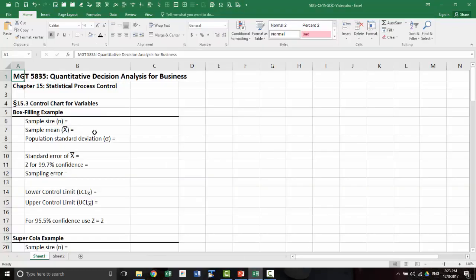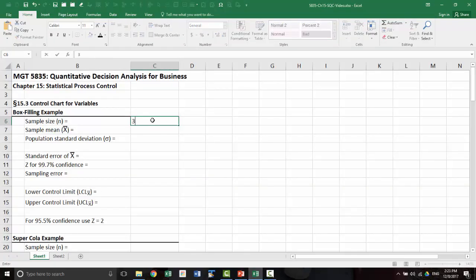Now the standard error of x bar, that is your sigma sub x bar, is sigma divided by square root of n.